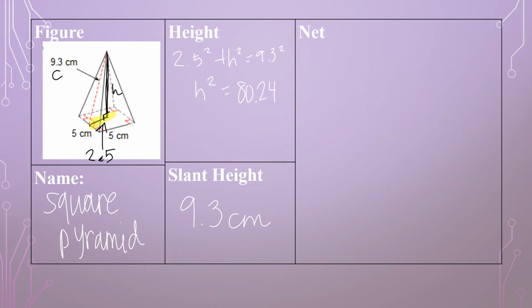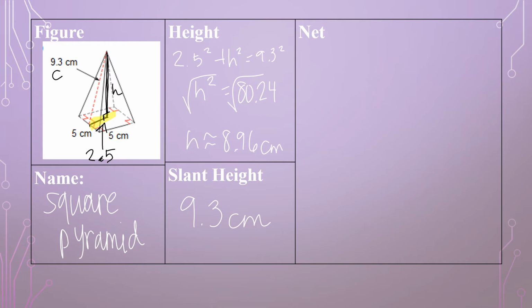So I got 80.24 for h squared, and then I need to take the square root of both sides, and I get h is approximately 8.96 centimeters.